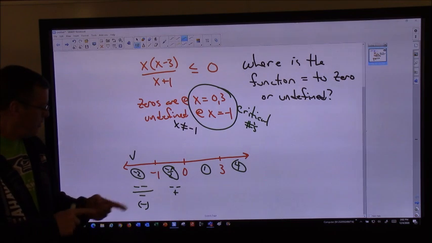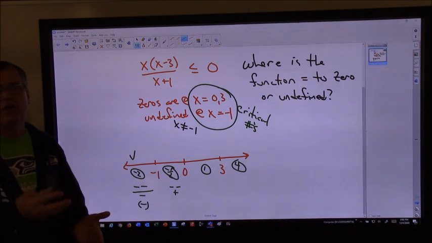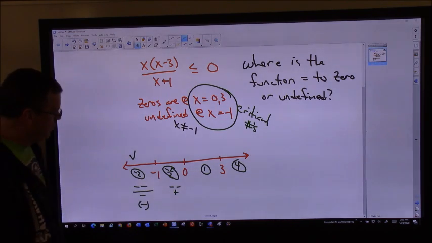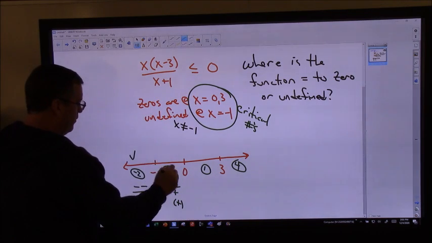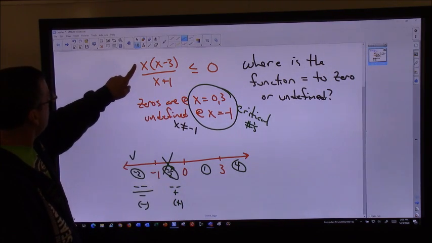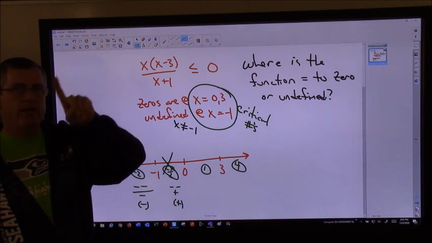All I care about is the number of negative signs. If it's odd, the overall answer is negative. If it's an even number of negative signs, the overall answer is positive. Okay? So that's going to be a positive answer overall. Not what we're looking for. If I try 1, I get positive, negative, positive. That's 1 negative sign.